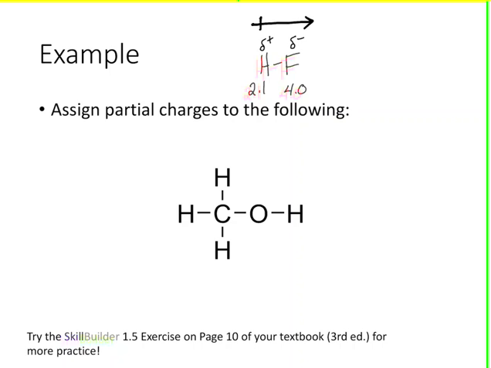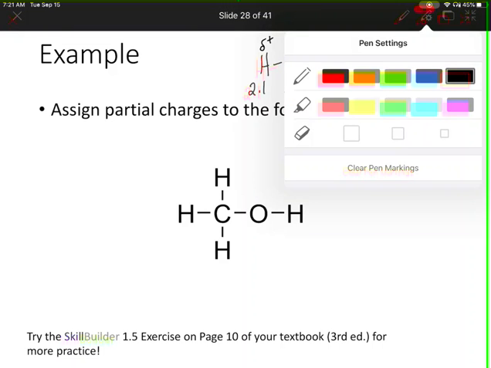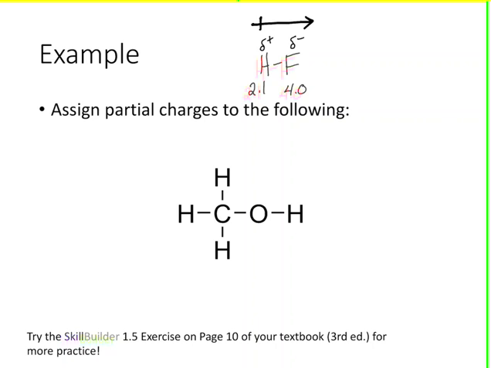So let's do the same thing to the molecule below. We're going to look at each bond and figure out if it's non-polar covalent, polar covalent, or ionic. If any of the bonds are polar covalent, we're going to put a partial positive and partial negative sign along the bond. Let's start with carbon and hydrogen. Let's see if that is a nonpolar or polar or ionic bond.